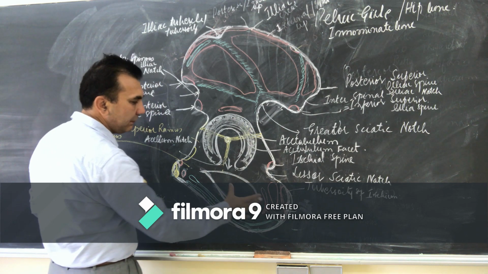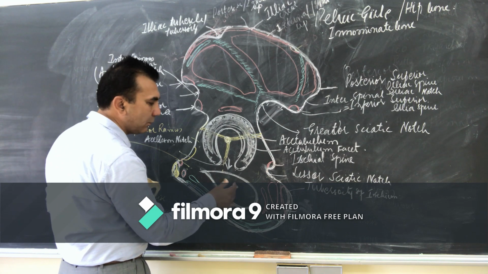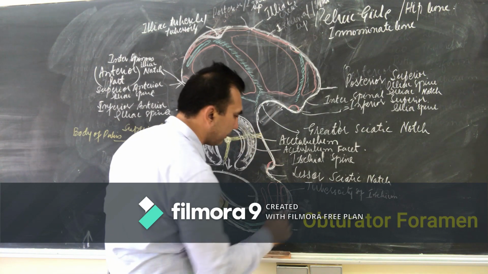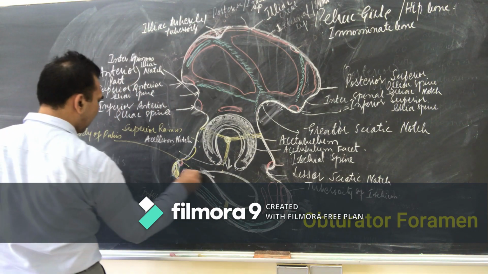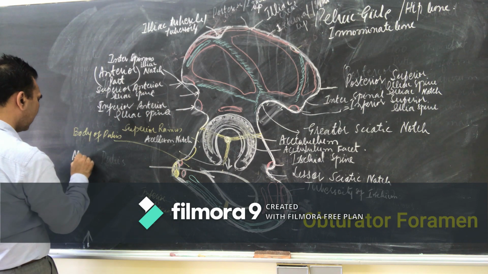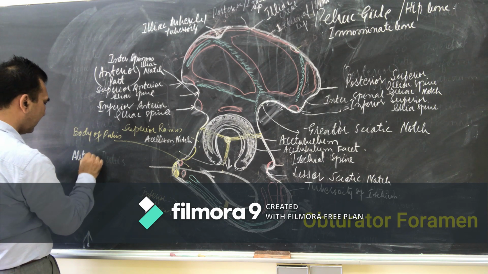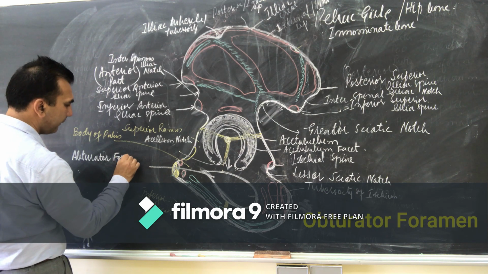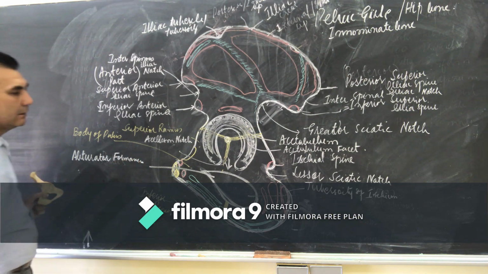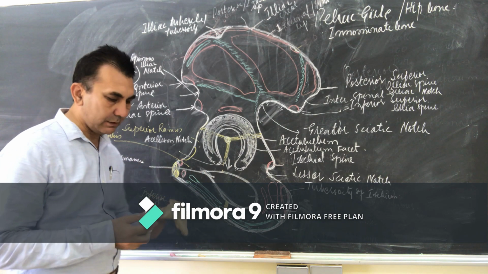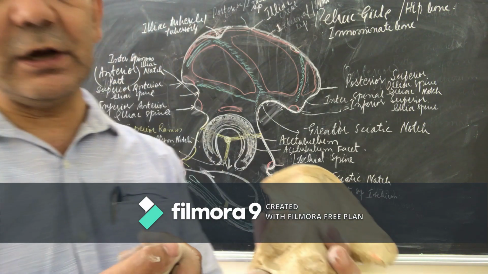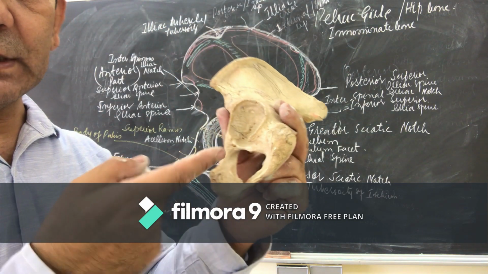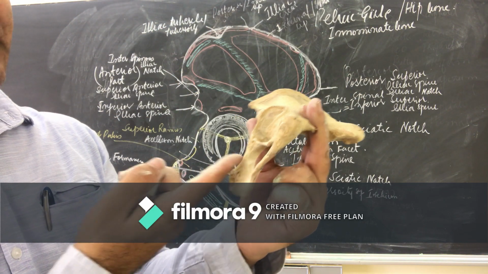At the front, between the ischium bone and the pubic bone, there is a foramen, and this foramen is called the obturator foramen. This is the obturator foramen.